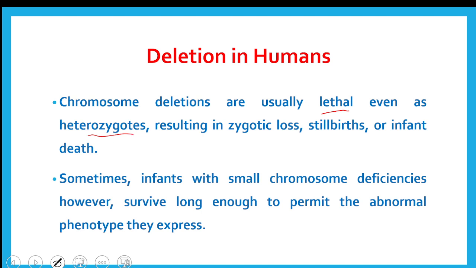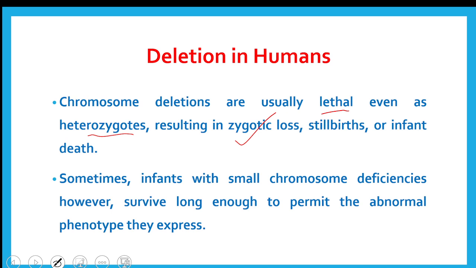Why? Because they result in zygotic loss. So meiotic pairing may or may not take place. If it does not take place, what happens? Gametes are not formed. If meiotic pairing takes place and leads to the formation of a gamete, and this gamete gets fertilized, even then after the formation of the zygote, because there is no gene for certain characteristics due to deletion, the zygote may be lost.